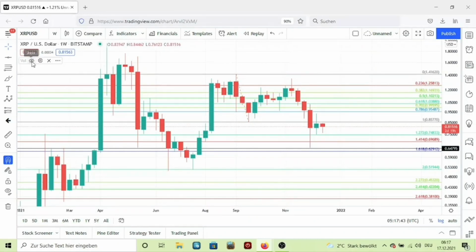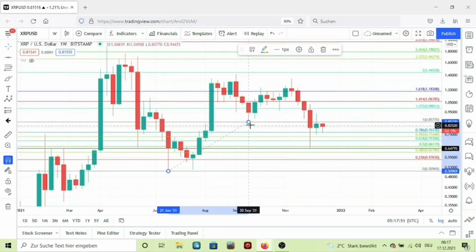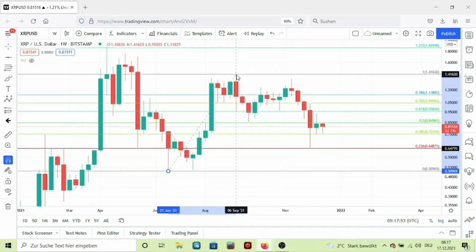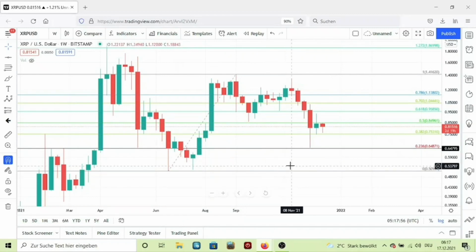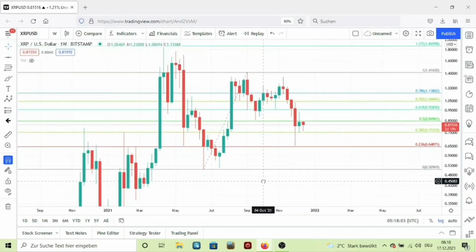Okay, so if we look at this, it still makes sense to be bullish from here. So let's draw it again like this. We'll delete this one. So we still have this range.